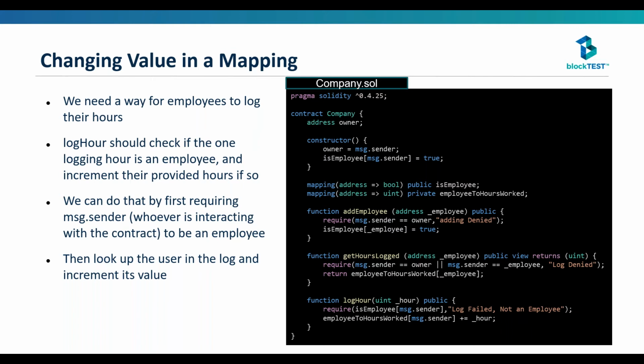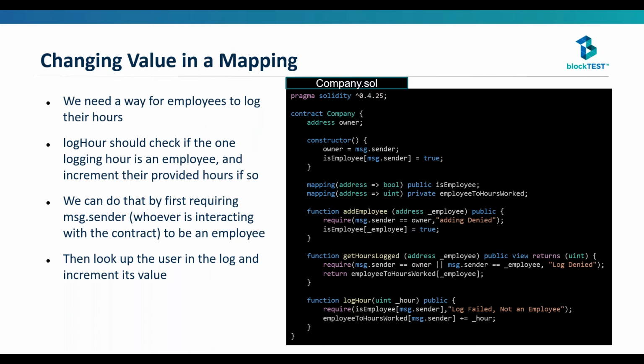This will just make sure that the person who is trying to access this log hour function is indeed an employee of the company. To do that, we are going to have a require, and this is going to check if the message sender is indeed an employee or not.